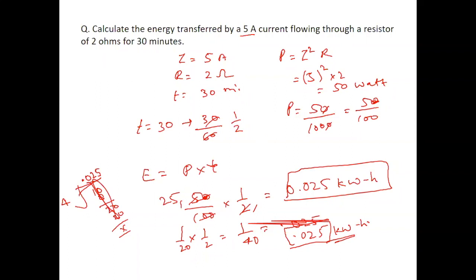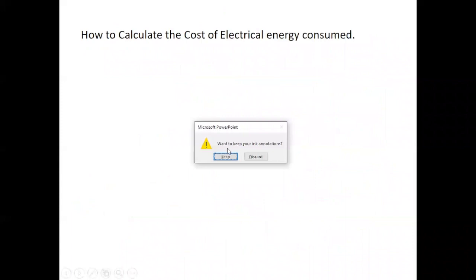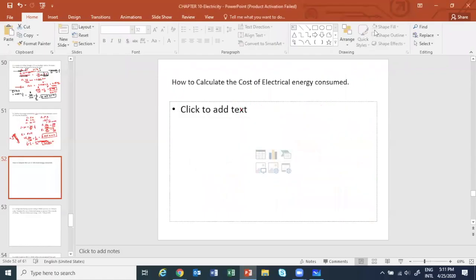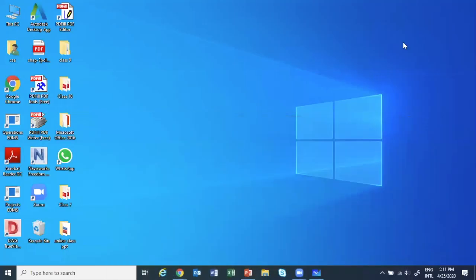No, this is not there. 5 by 100. So power is 50 divided by 1000, 1 cancel. So 5 by 100. Okay.